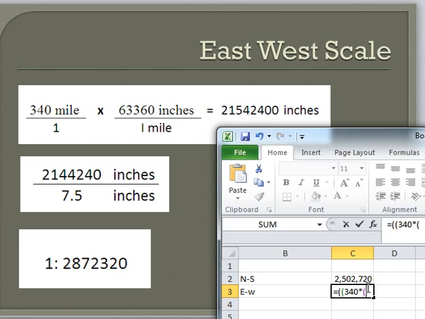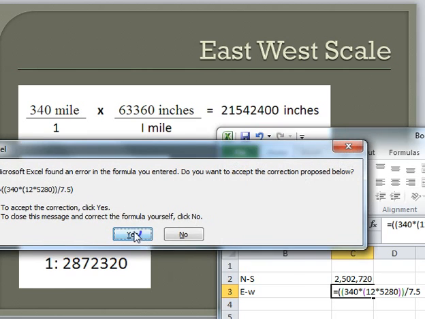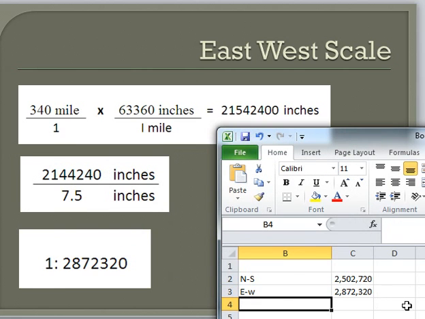I want to convert that to inches, so I'm going to go 12 times 5,280. Then I'm going to close that, and I'm going to divide that. I might have one too many parentheses, but we'll figure it out. Then I'm going to divide that by 7.5 inches because that's all I have to work with. Okay, it fixed it. And since I set that column to show the commas, it helped. So my math is correct.